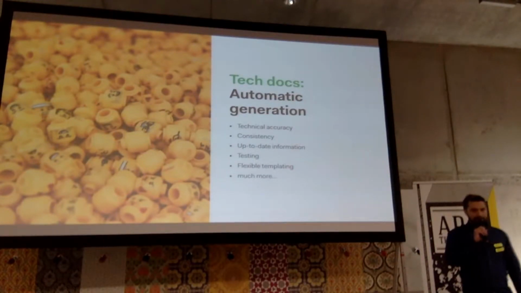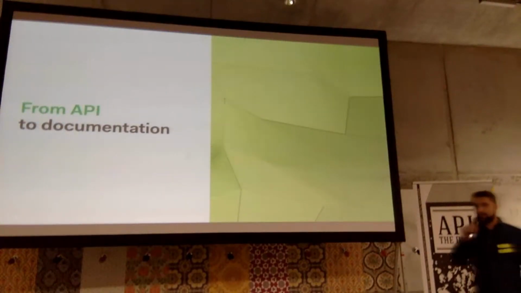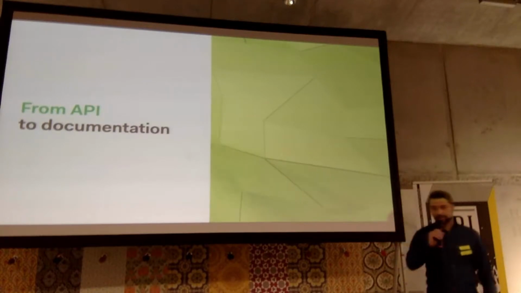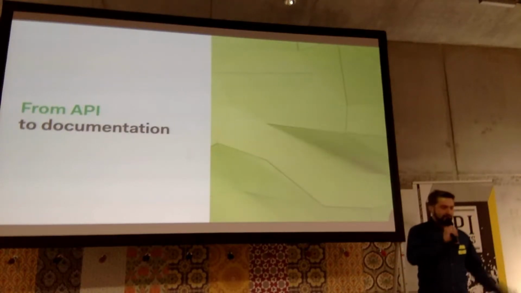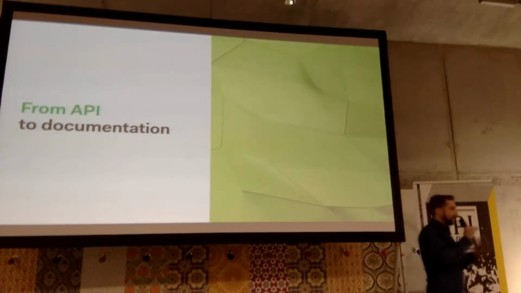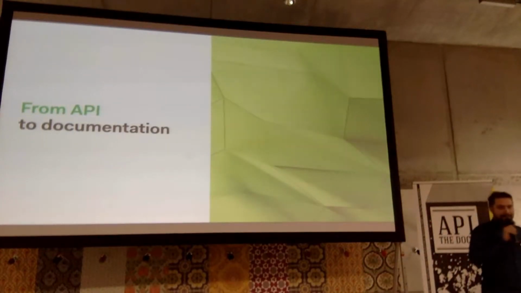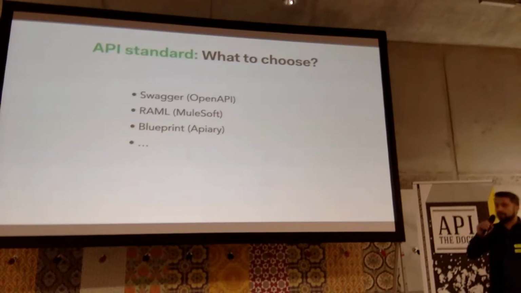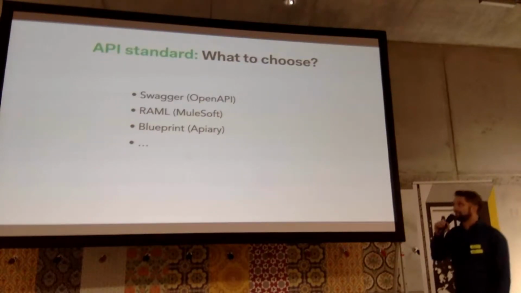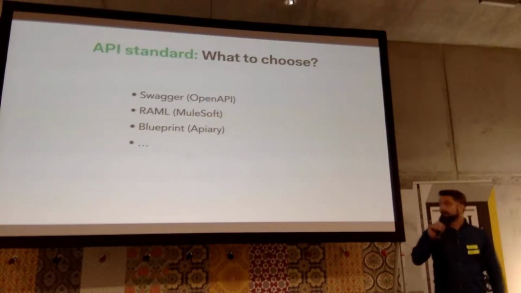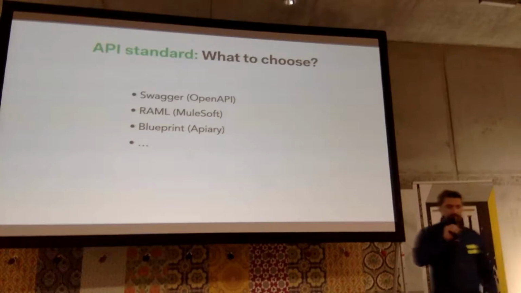So, keeping all this in mind, we started our project, which is called API Explorer. To bridge the gap between the APIs that we have and the documentation that we need to produce, of course, we need to have some intermediate format. As this format, we can use any of the existing standards. Luckily, we have a lot of standards, and you today already heard about Swagger, RAML, and API Blueprint.